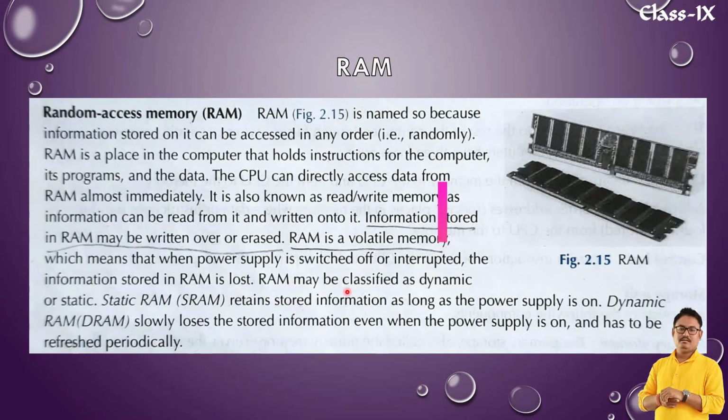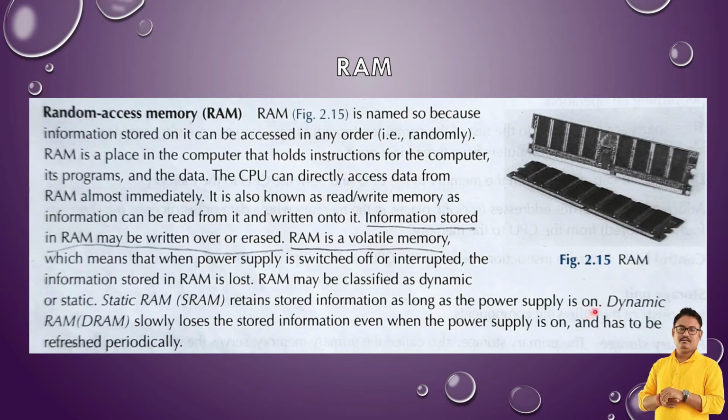RAM may be classified as dynamic or static. Static RAM, SRAM, retains stored information as long as the power supply is on. It will retain all the information stored as long as the power supply is on.